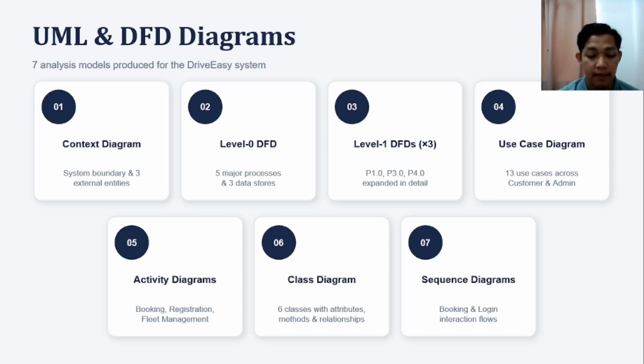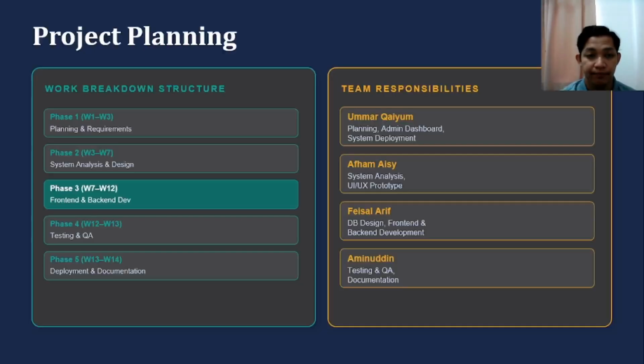The class diagram shows 6 classes with full attributes, methods and relationships, including inheritance. Finally, sequence diagrams model the booking and login flow step by step, showing every object interaction from the customer's click to the database write.